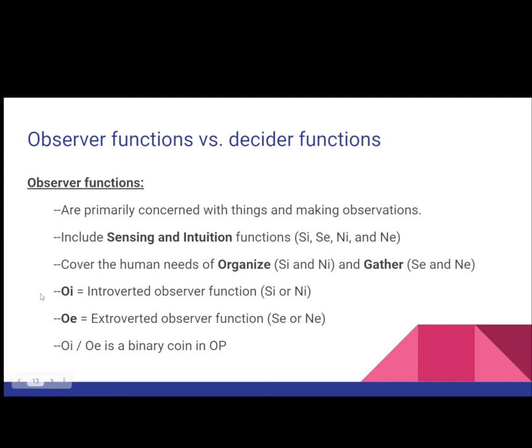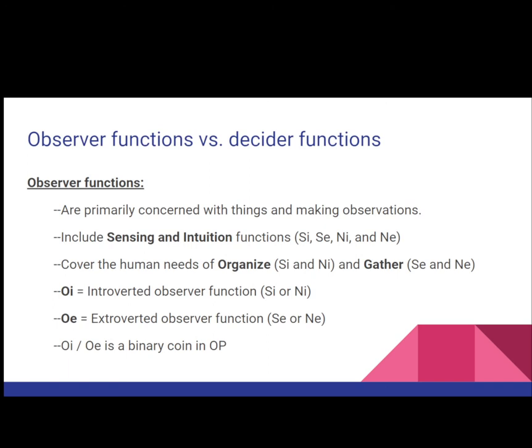These functions cover the human needs of organize, which is either SI, organizing the facts and sensory information, or NI, which is organizing concepts, or the human need of gather, SE, which is gathering the facts, or NE, gathering concepts. So OI is an abbreviation used to describe an introverted observer function, and OE is the abbreviation used to describe an extroverted observer function.